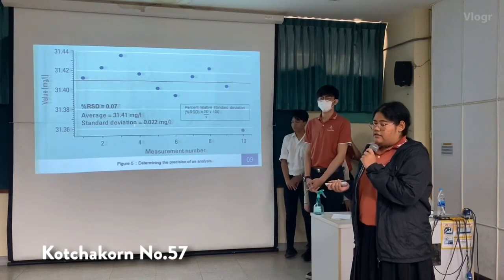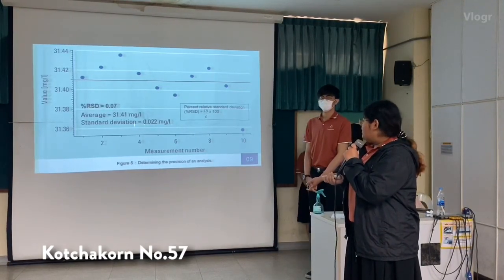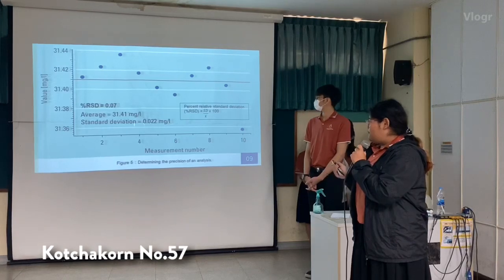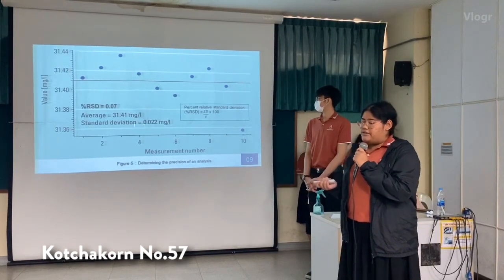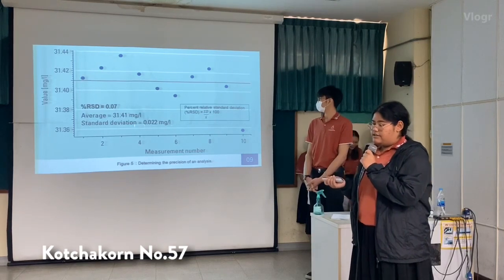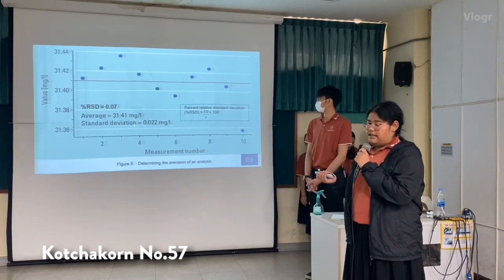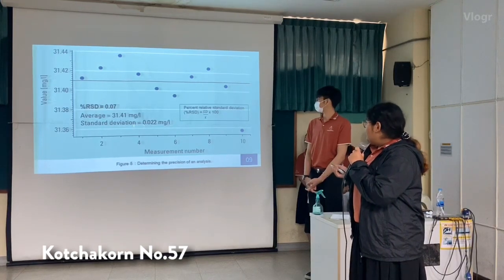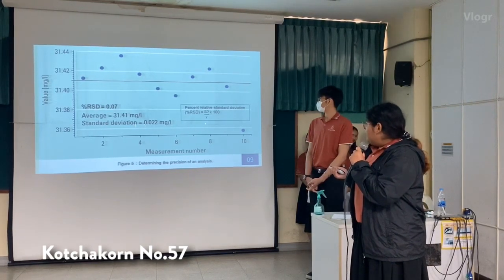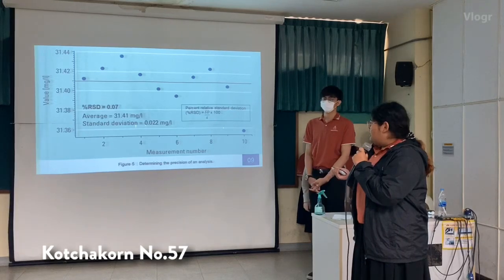The standard deviation obtained is the precision. The statistic used to determine precision is the standard deviation or percent relative standard deviation, which is obtained by dividing the standard deviation by the mean and multiplying by 100.